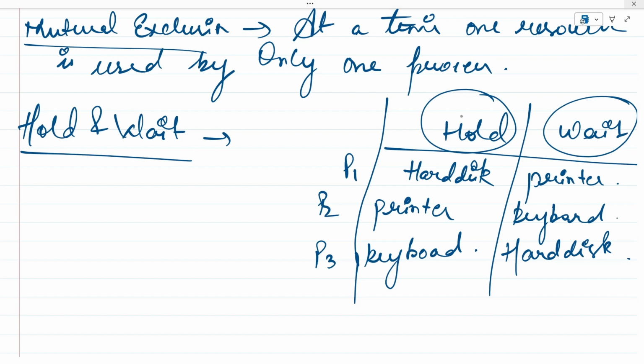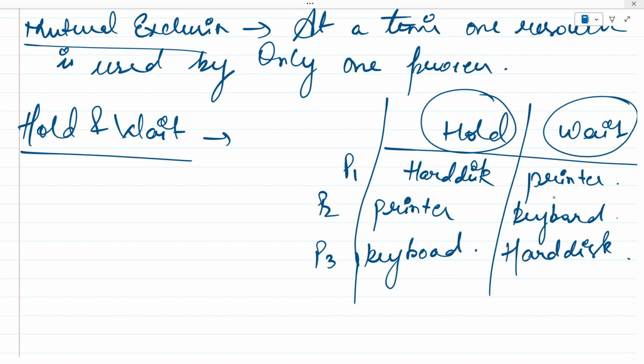P1 is not completed if it doesn't get the printer, P2 is not completed if it doesn't get the keyboard, and P3 is not completed if it doesn't get the hard disk, and the hard disk is not released by P1 because it is held by P1 until it gets the printer. It is a similar case with P2 and P3. So it goes in a loop. That is hold and wait.